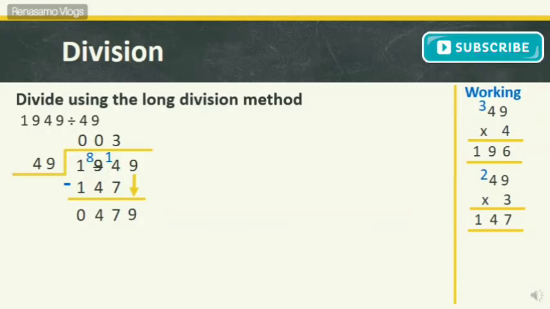479. I got a 3-digit number which I have to divide by 49. Now students, you have to use some smart guesswork over here. You know that 49 10 times is 490, which is bigger than 479. So we should try with 49 9 times. Let's check. 49 multiplied by 9. 9 times 9 is equal to 81.